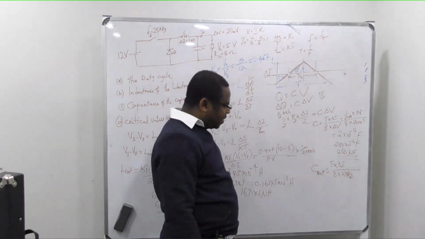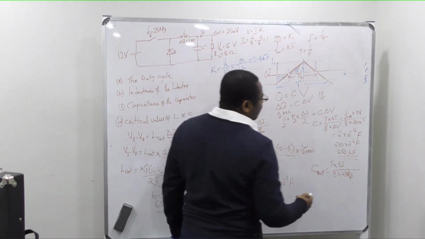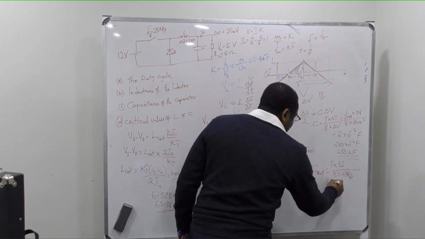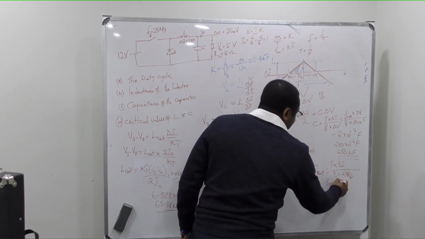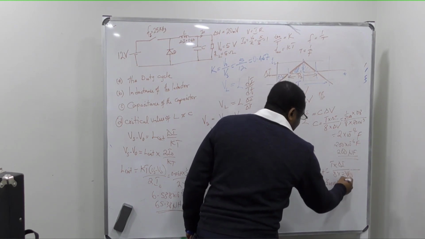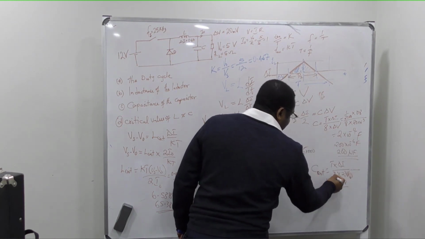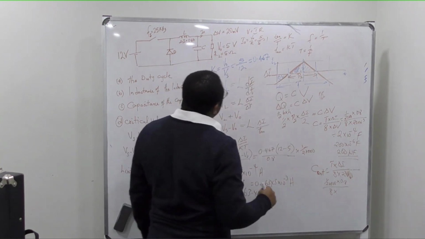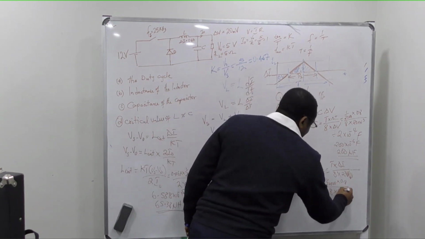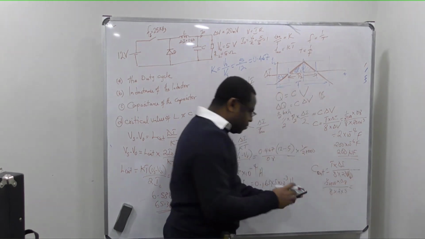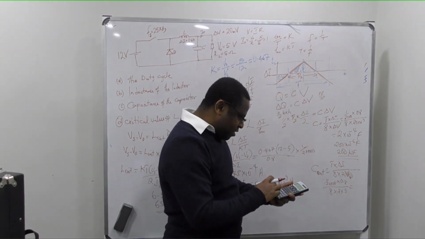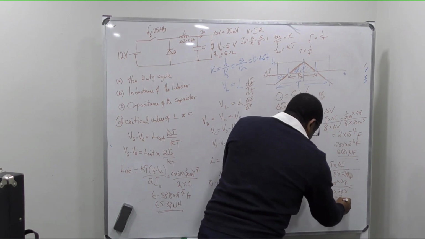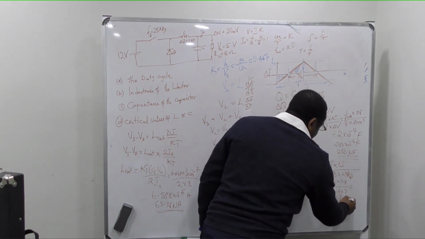So just put the values that you have there. T is 1 over 25,000, multiplied by delta I, which is 0.8, divided by 8 times twice VO. And our VO is 5, so 2 times 5. So we have that to be 4 times 10 to the power minus 7 farad.